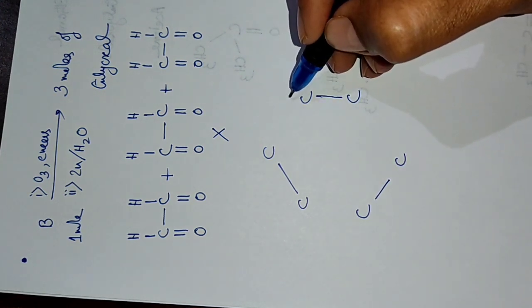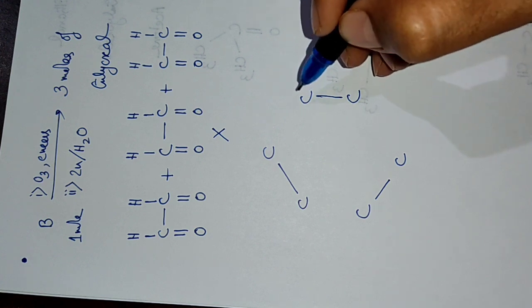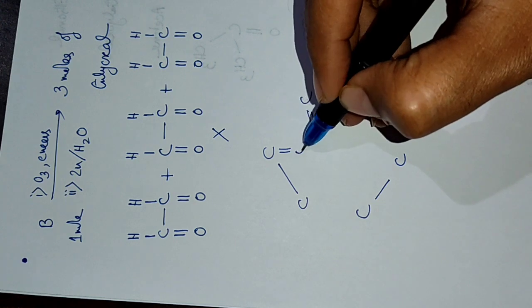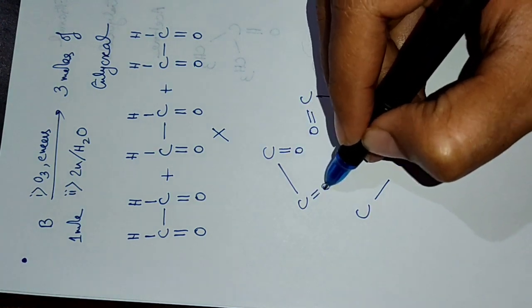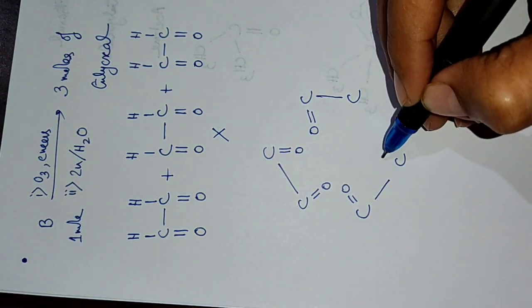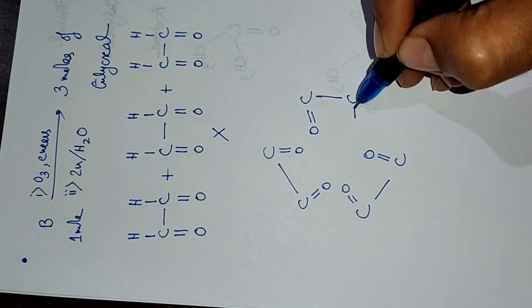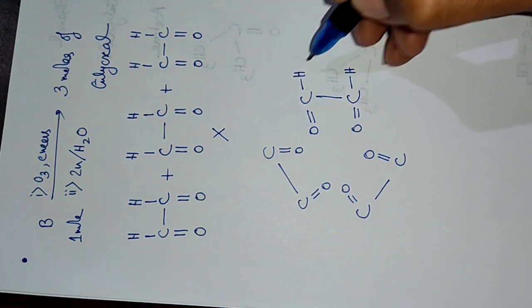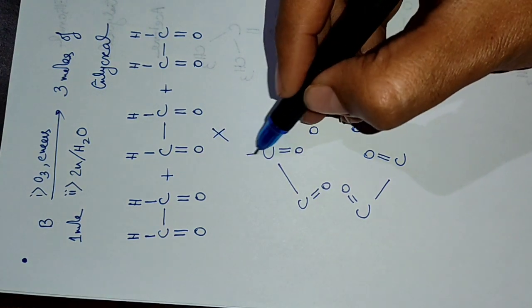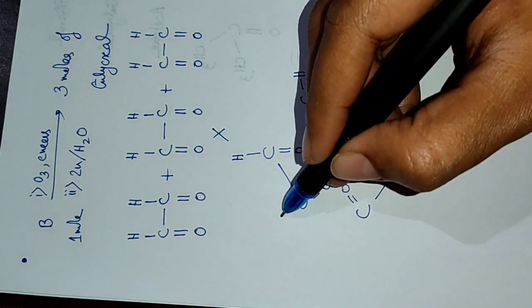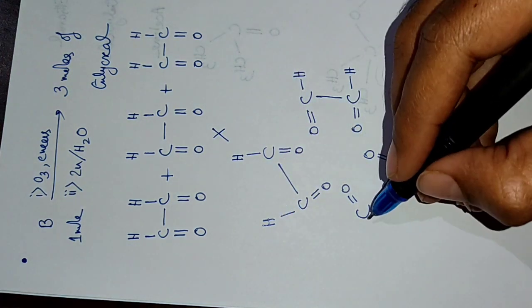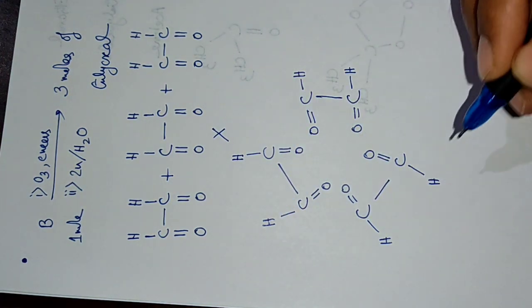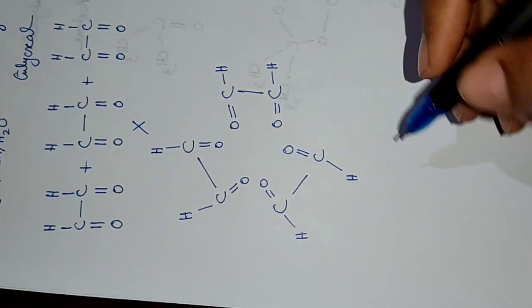Now here we place this double bond O, double bond O, this is 1 molecule of glyoxal, this is also, this is also.